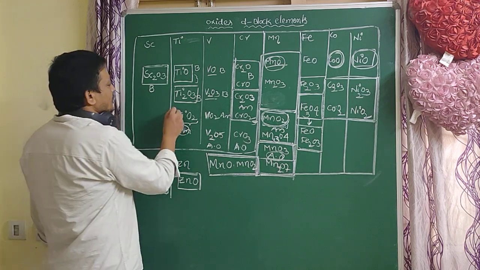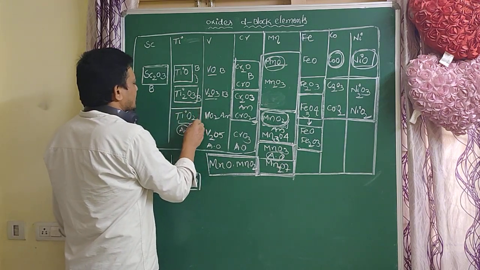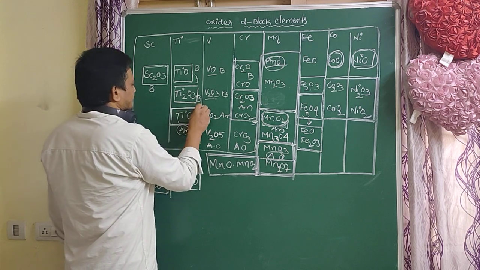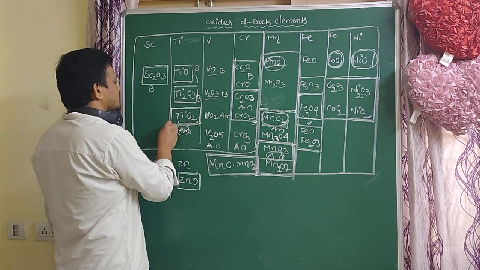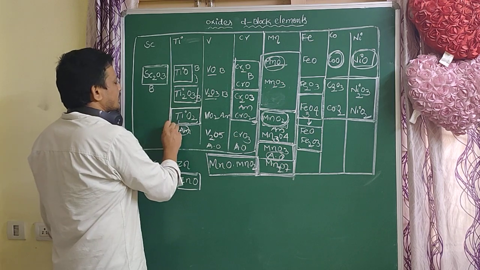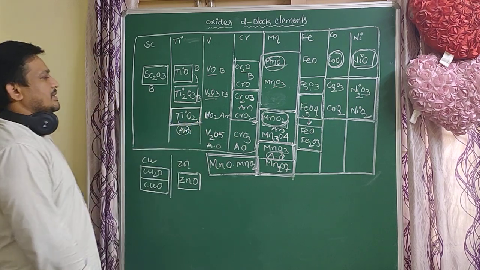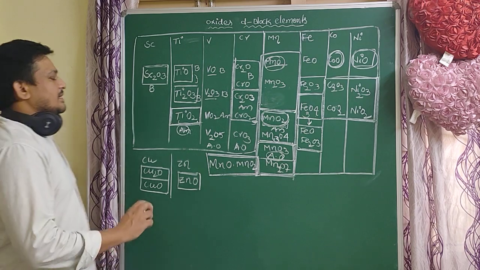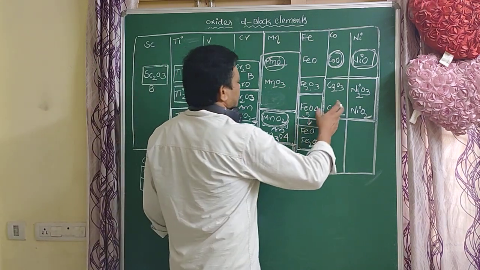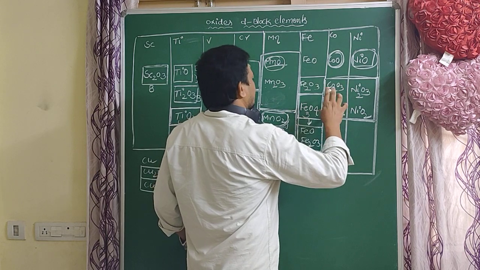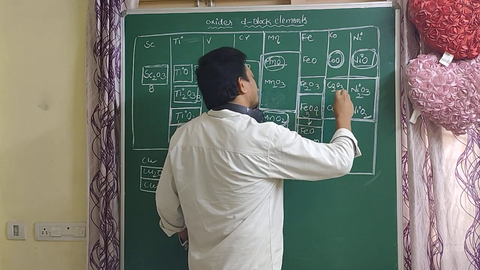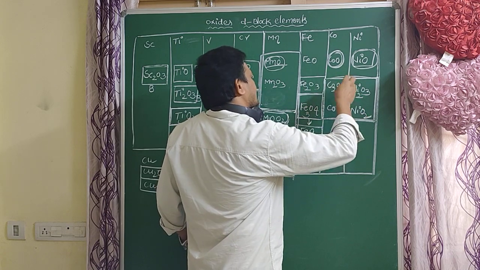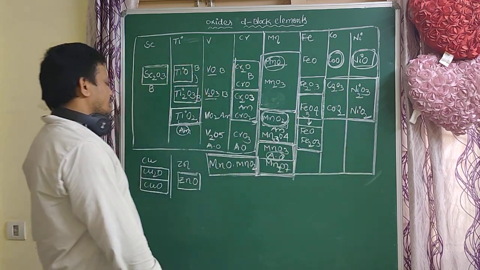In titanium, TiO2 is more stable because titanium loses 4 electrons and gets the inert gas configuration. That is very important, students. The others are hydrated compounds, and they are very unstable compounds.